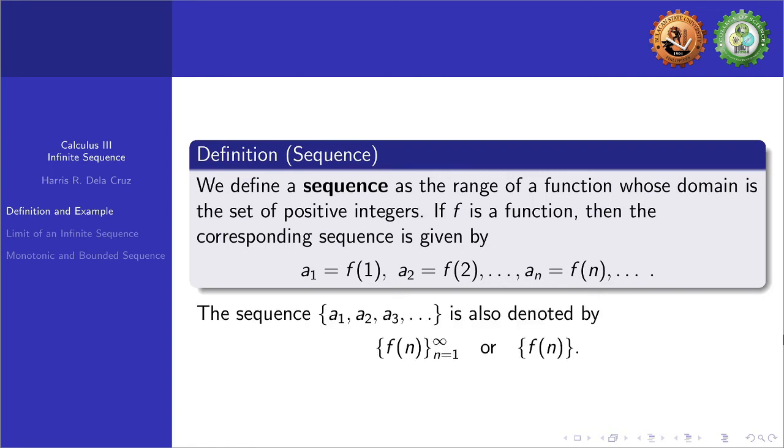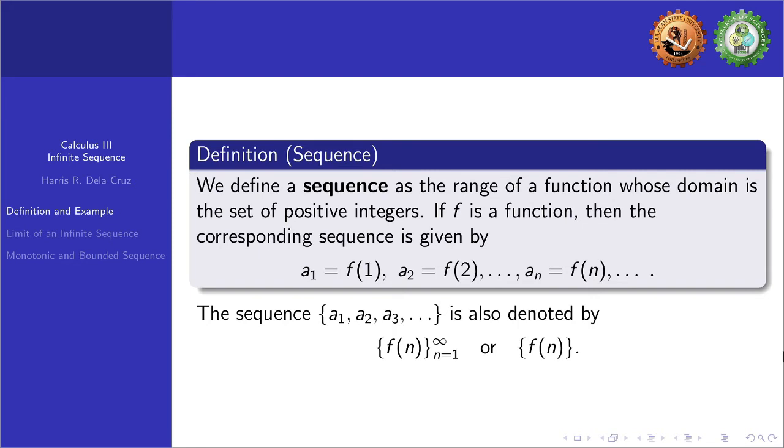In this manner, we can also write the sequence enclosed by open and close parentheses, or since we can write the general term of the sequence as f of n, then we have the sequence f of n, n from 1 to infinity.